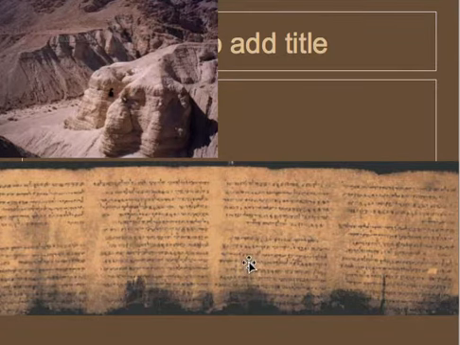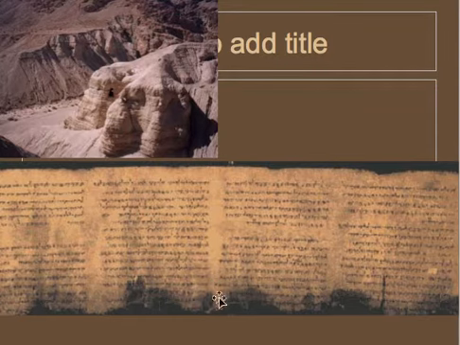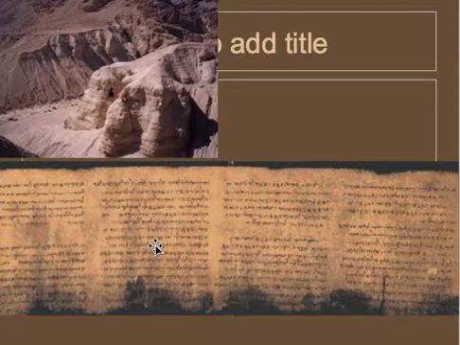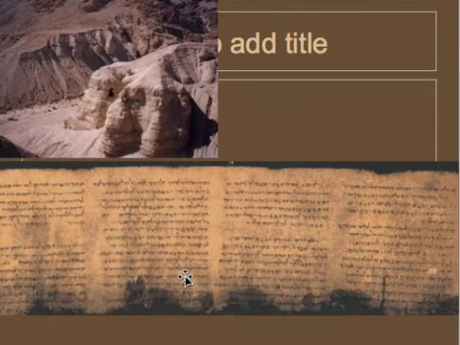So these scrolls are made out of animal hide, right? Usually sheepskin. And they wanted to see, okay, were these all from one area or were they from different areas? So if it was from one area, you'd expect that it would be one flock, and that if you analyze the DNA, the actual DNA from the animal skin, they would be pretty closely related to each other, right?